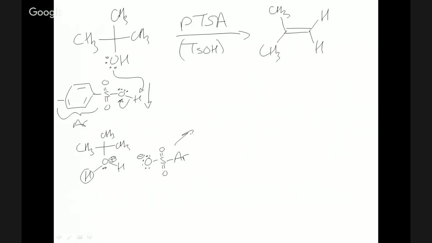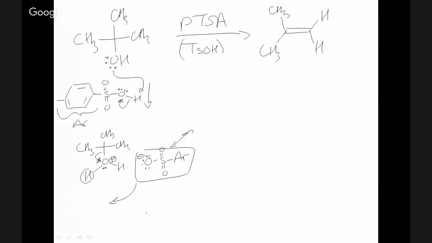This is resonance stabilized a lot more than even a carboxylate. And now we have a good leaving group in water. So water can leave. We could have moved this down here.